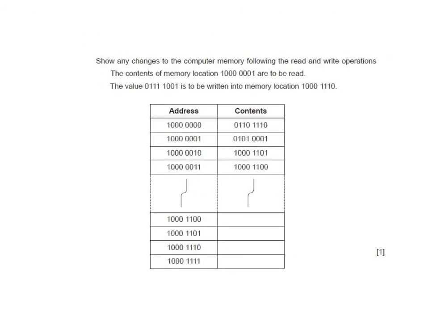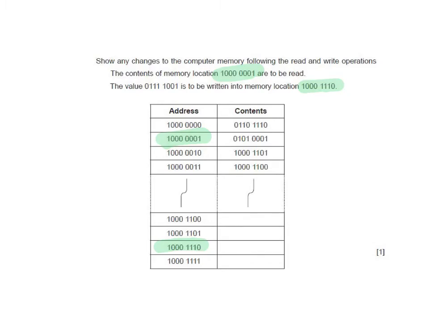Okay, let's see. Show any changes to the computer memory following the read and write operation. The contents of this memory location. So if this was me in my exam, I would be highlighting that and thinking 100001. It's there, are to be read. The value 0, 1, 1, 1001 is written to this memory location, which is this one. Show any changes to the computer memory.